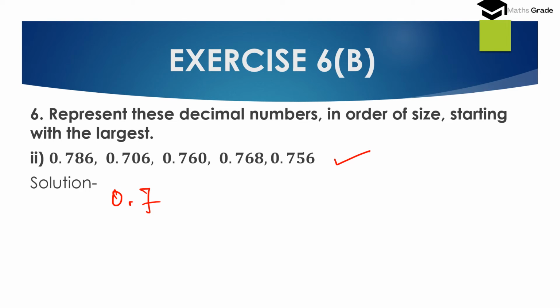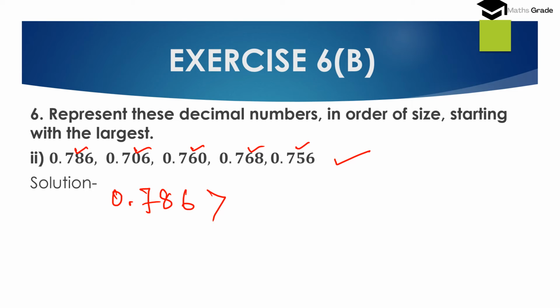Then after the 10th place, in the 100th place it is 8, 0, 6, 6, 5. So 8 is the largest digit, so 0.786 is the largest decimal.